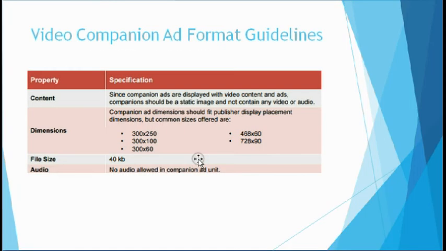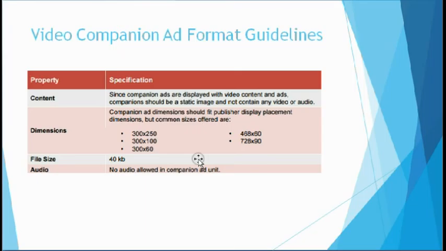Video companion ad formats and guidelines. In a similar way, in companion ads as well, we are using static banners only. So the content: since companion ads are displayed with video content and ads, the companion should be a static image and not a video or audio ad.